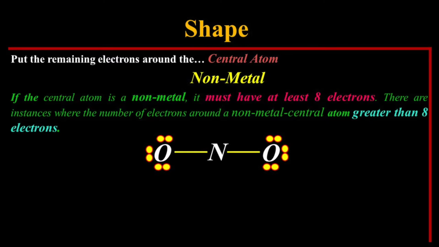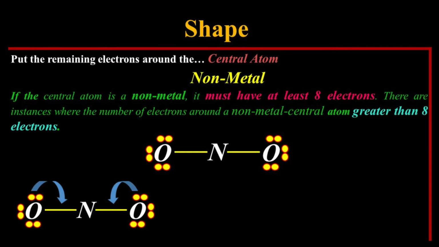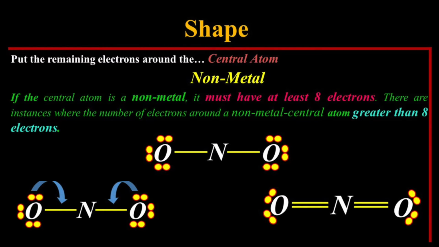So here is the particle, and you can see quite clearly that I put the electrons around the oxygen, that's 6 and 6, and that I need to make 2 double bonds because nitrogen has 4 currently, but it needs 8. So it's going to need 2 double bonds.